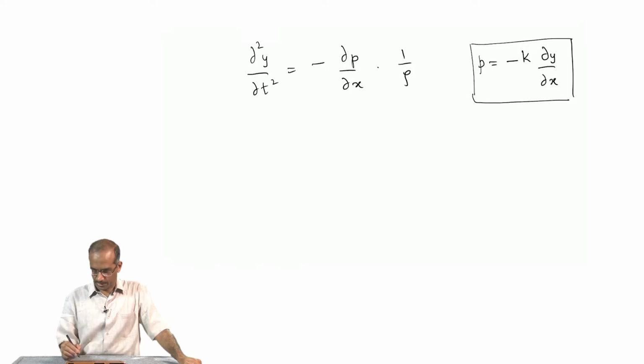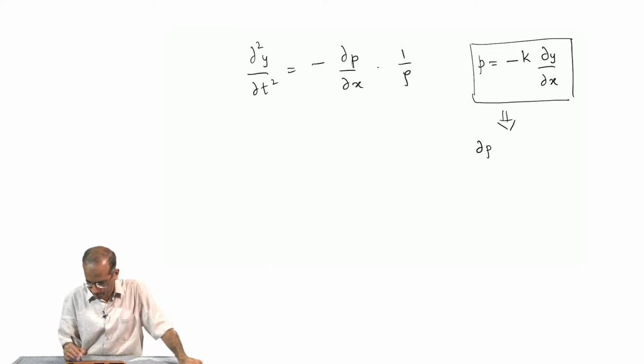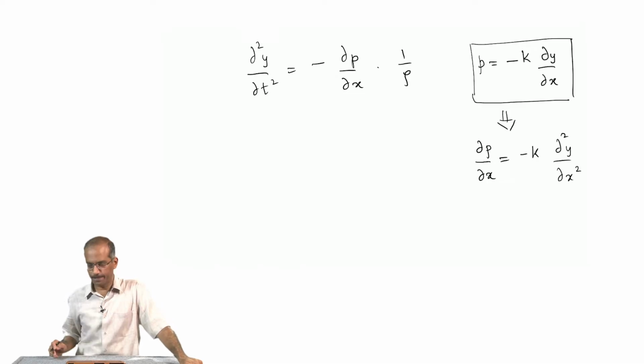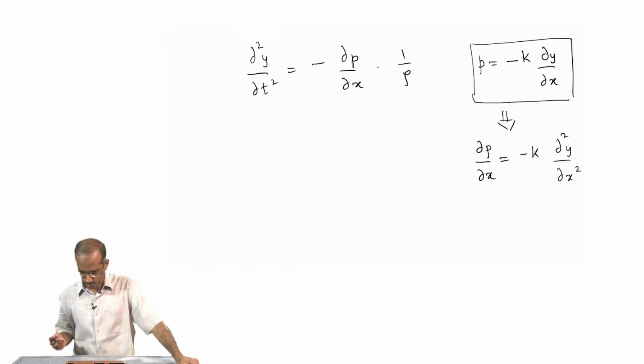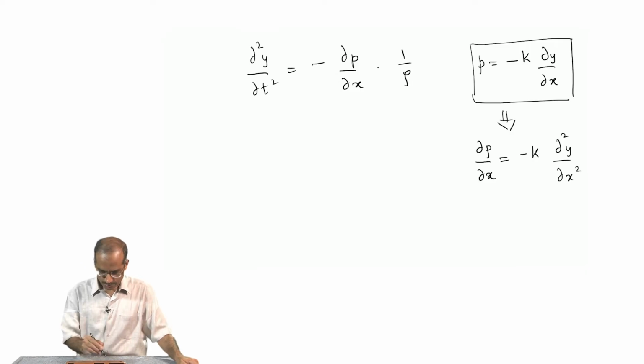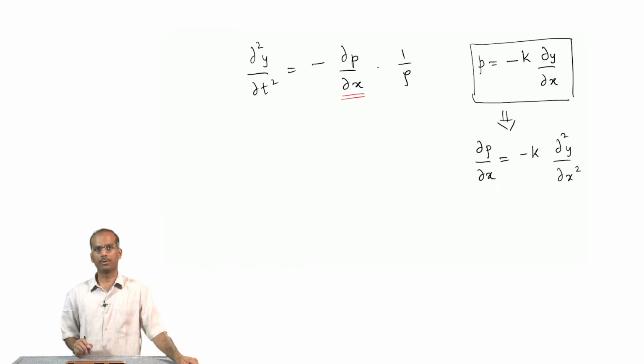So, I have this equation, and from here I can take the derivative with respect to x on both sides. I would get ∂P/∂x is equal to minus k into ∂²y/∂x². And now, we know what to do. All you need to do is to simply substitute for this ∂P/∂x by this.